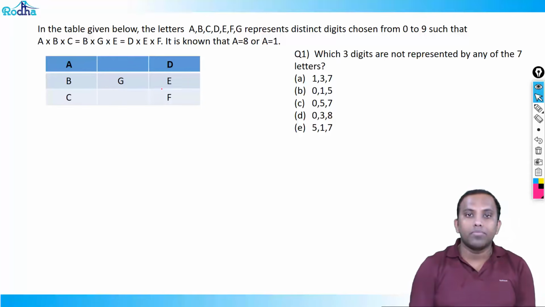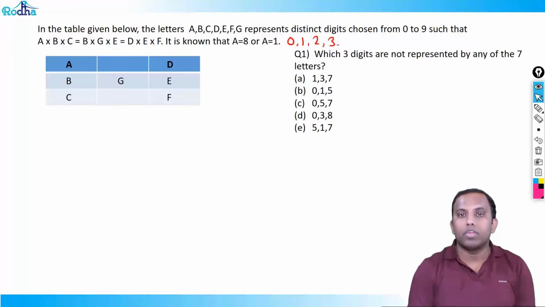So obviously the digits available for you are 0, 1, 2, 3, 4, 5, 6, 7, 8 and 9. These are the 10 digits available for you.